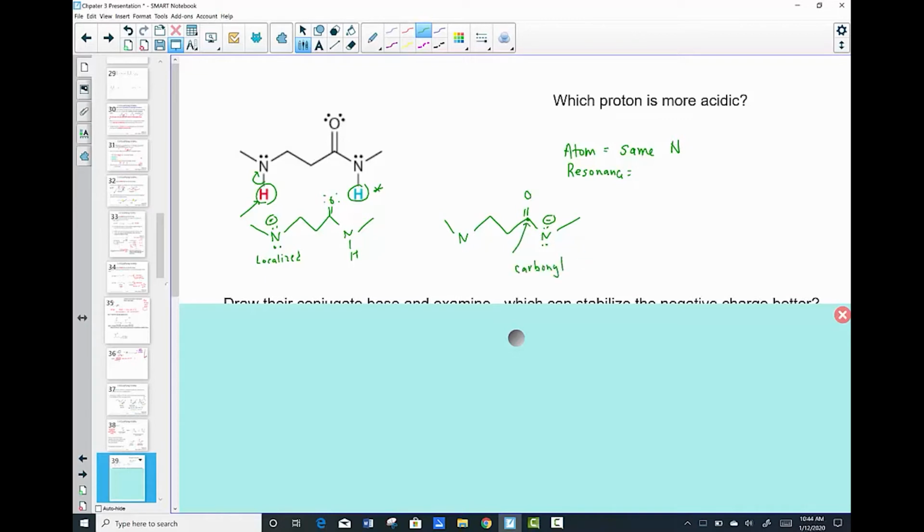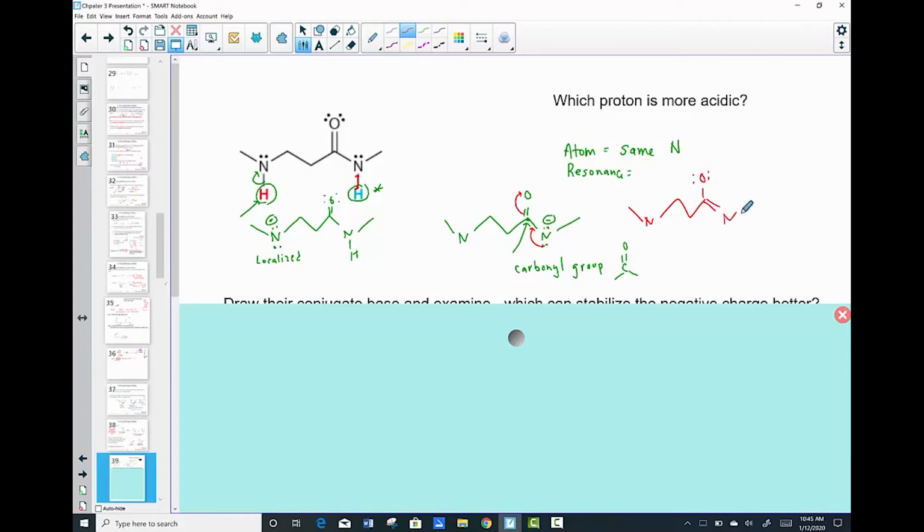Carbonyl is a C double bond O. That means we could have a resonance structure form where the set of electrons on the nitrogen that came from the original covalent bond here can be delocalized, and we start structures that move that double bond around, forming, for example, that particular structure.